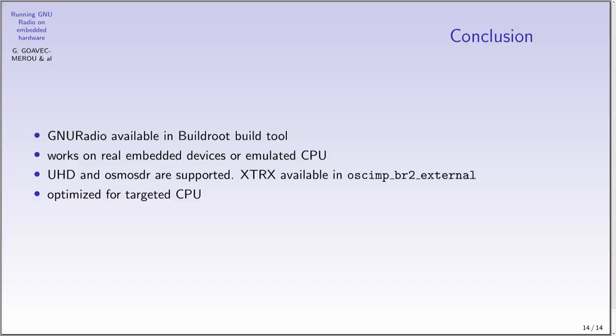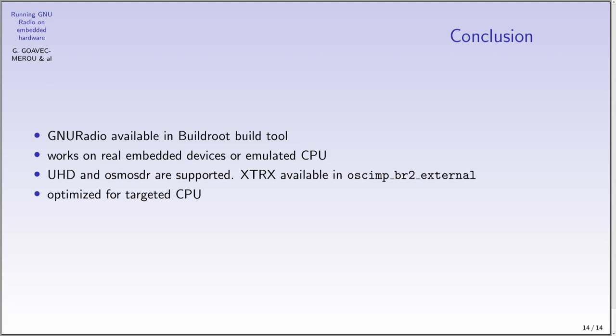Just a small conclusion about this tutorial. GNU Radio is available in Buildroot build tools. It works on real embedded devices or emulated, supporting ARM processors, RISC-V, PowerPC, MIPS, etc., or Intel architecture.